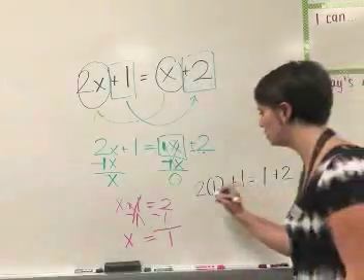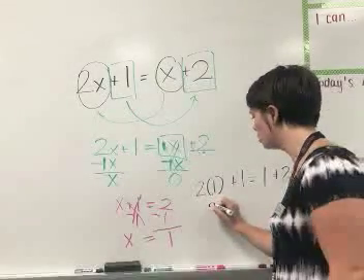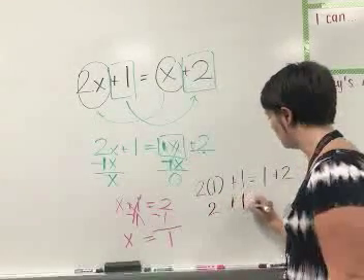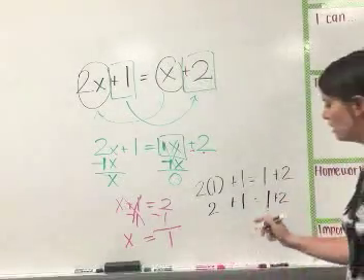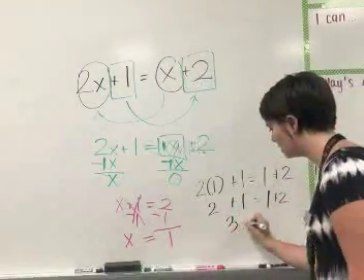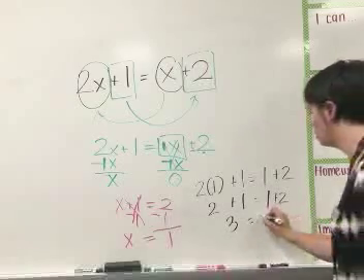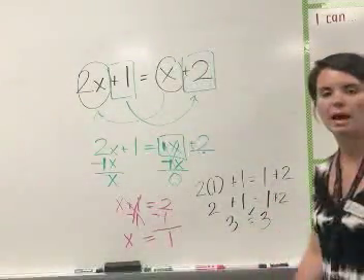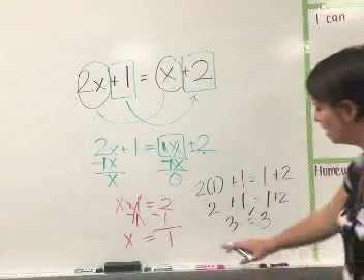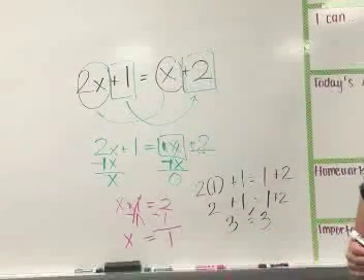Always order of operations. 2 times 1 is 2. So 2 plus 1 equals 1 plus 2. 2 plus 1 is 3. It's the same as 1 plus 2. 3. Does 3 equal 3? Absolutely it does. Is this equation balanced? Absolutely it is. You have the same number on each side.